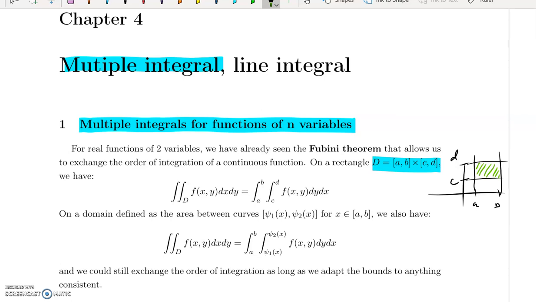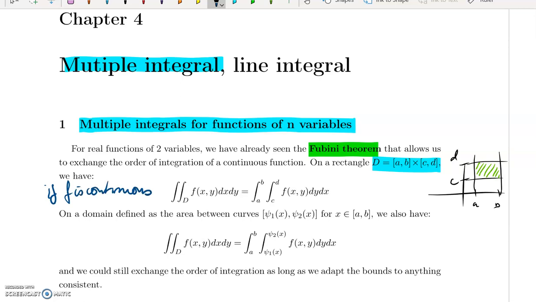For this kind of simple case you have the Fubini theorem. It's not reminded here, but that's very important. The Fubini theorem allows you to exchange the order of integration, provided that the function is continuous.